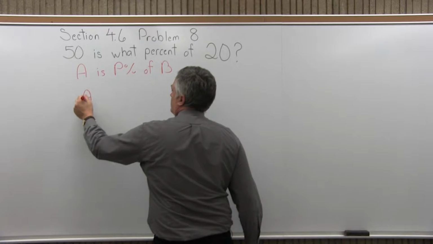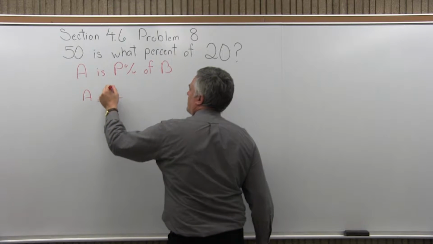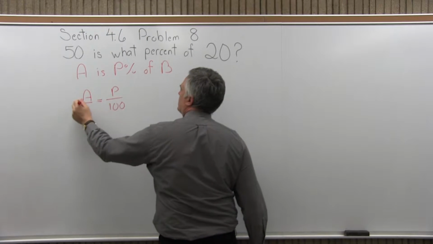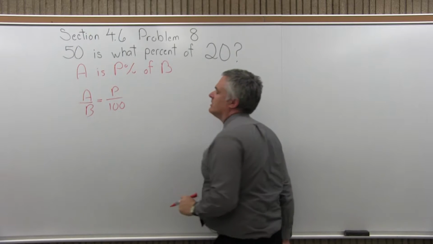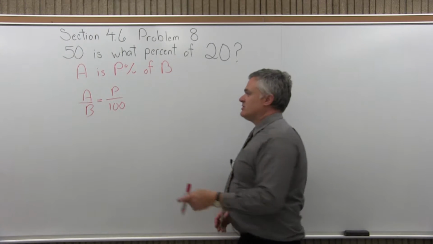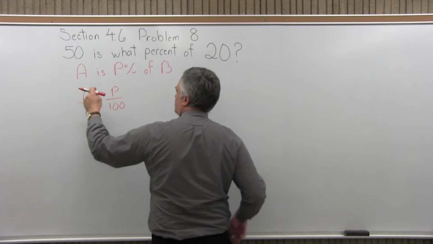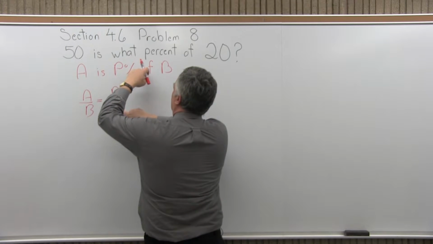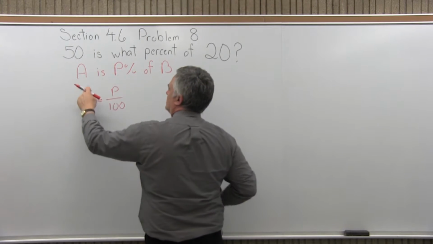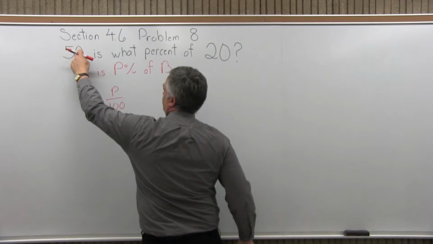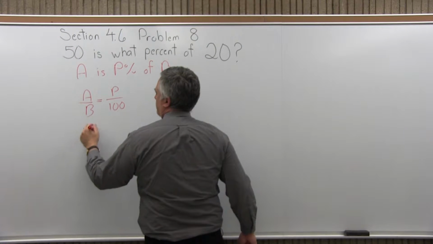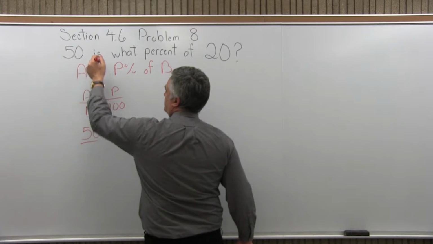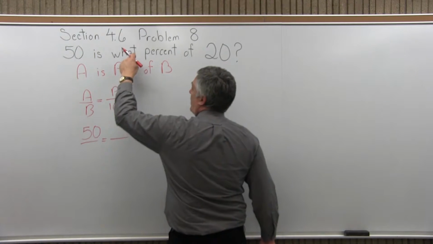And then what you want to do is set it up as a proportion. A over B equals P over 100. So when you set this up, essentially you just start here and go around as a circle. A is P% of B. So the A, the first thing, is the 50 is what percent?